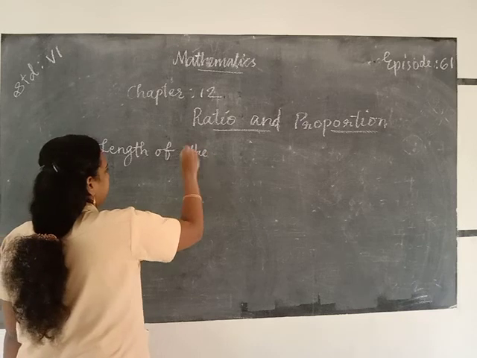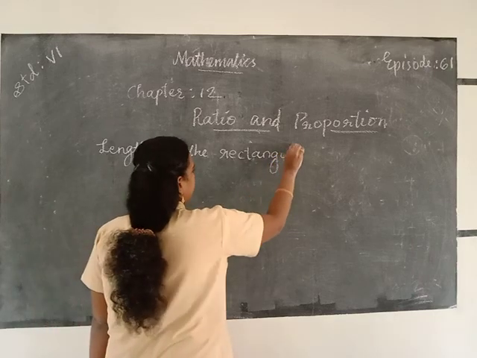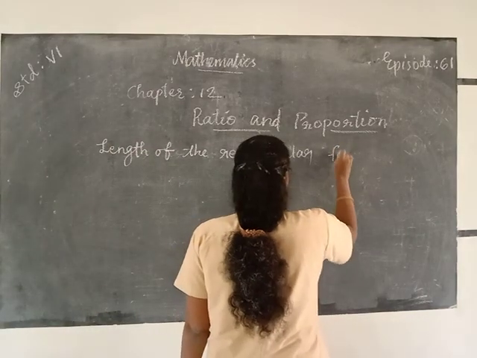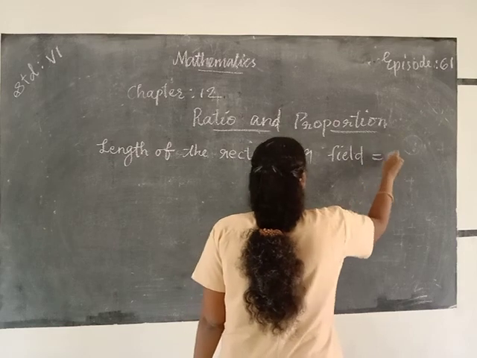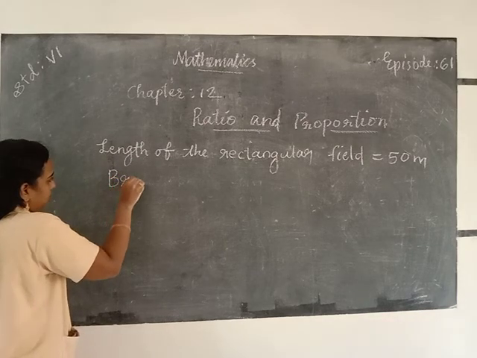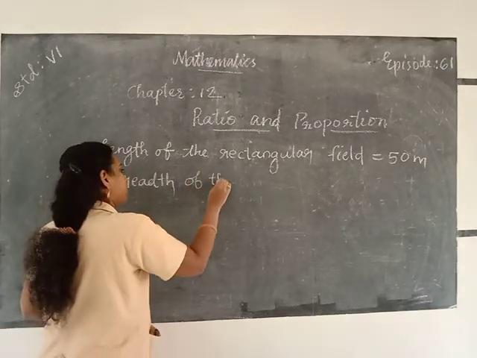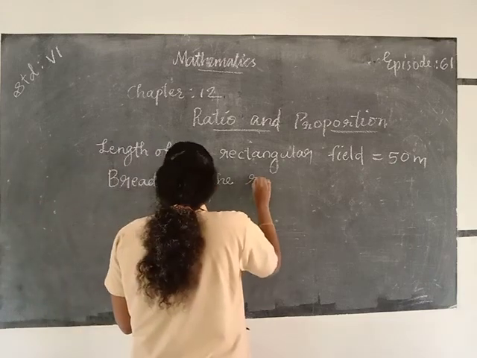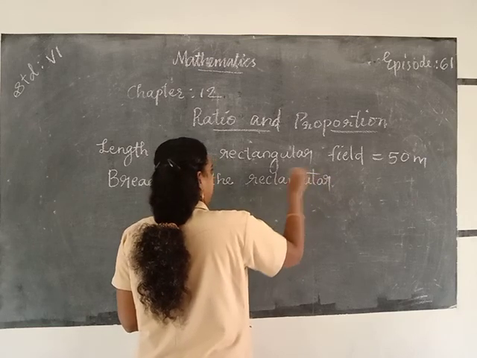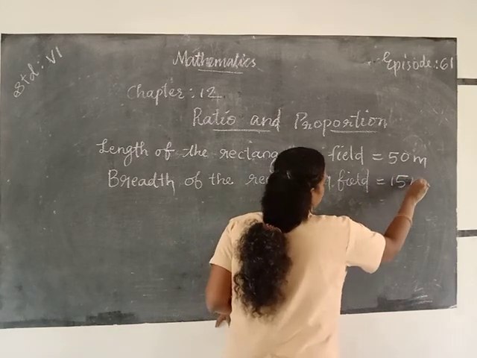Length of the rectangular field is equal to 50 meter, and breadth of the rectangular field is equal to 15 meter.